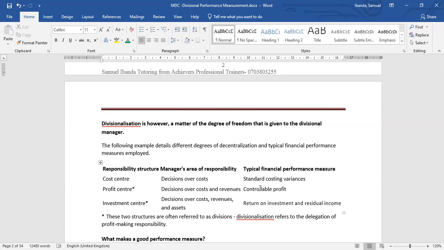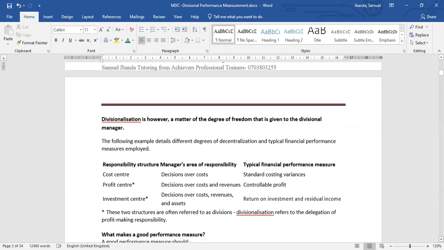Okay, now when it comes to an investment center, when we are evaluating managers, ours is to look at what we are referring to as the return on investment and residual income. We are saying that these two structures are often referred to as divisions, where divisionalization refers to the delegation of the profit-making responsibility.